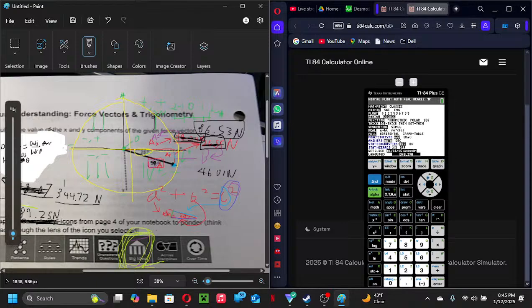But anyway, whenever you put it into degrees, you're telling the calculator, okay, think of this point as 0 degrees and 360 degrees. Think of this point as 90 degrees, because if you go all the way up, this is a 90-degree angle.